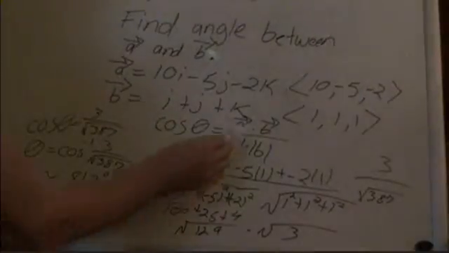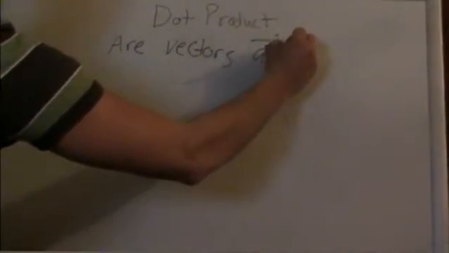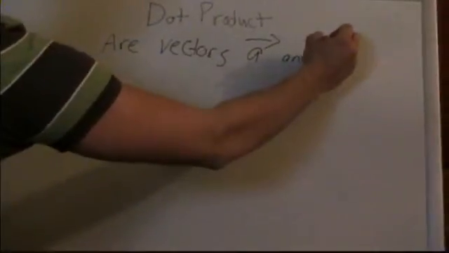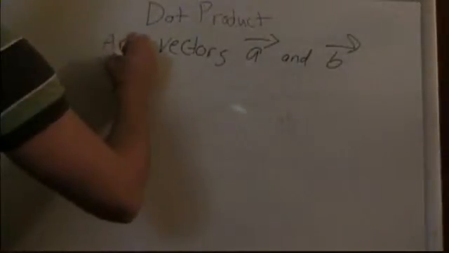And then one last thing I wanted to show you is finding out whether two vectors are orthogonal, or as we said earlier, are they perpendicular. So are vectors A and B orthogonal?